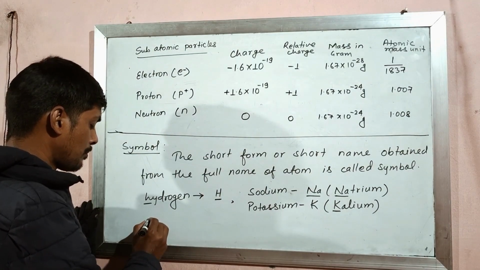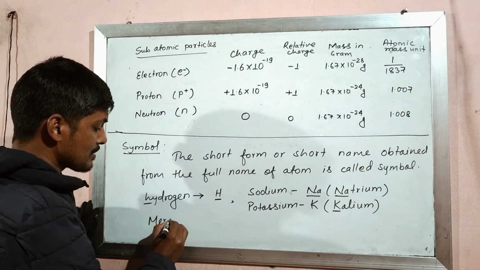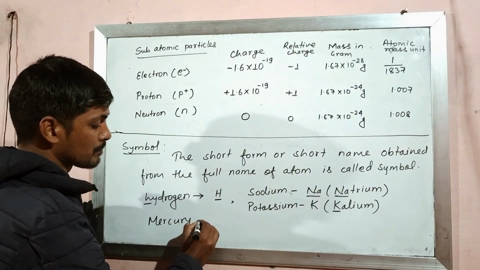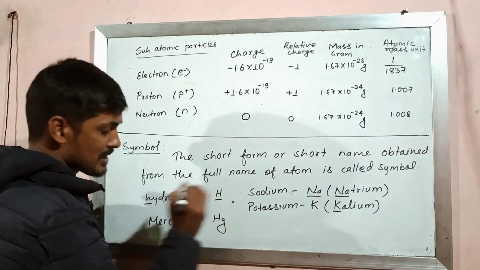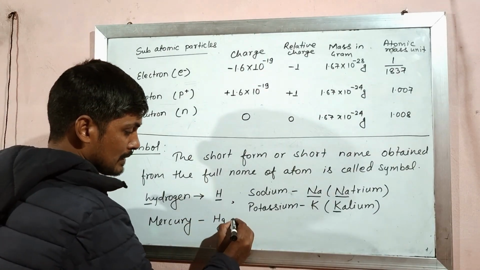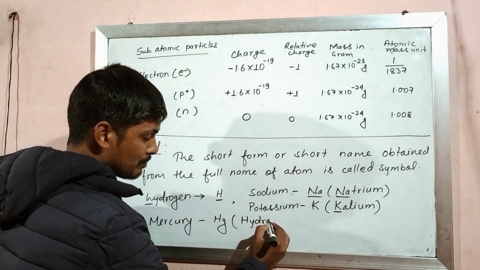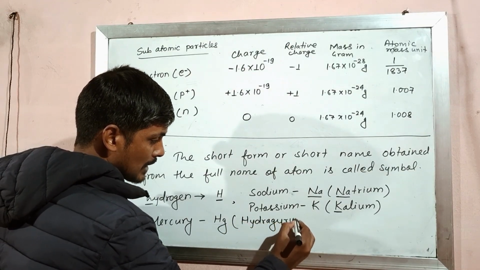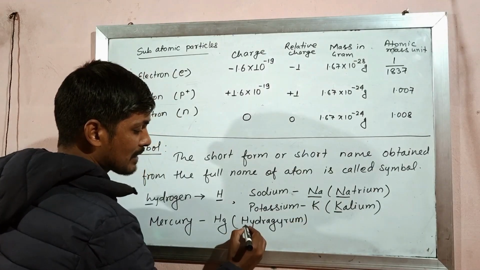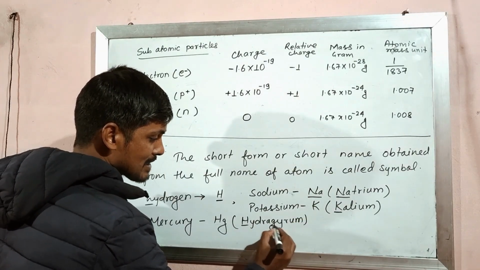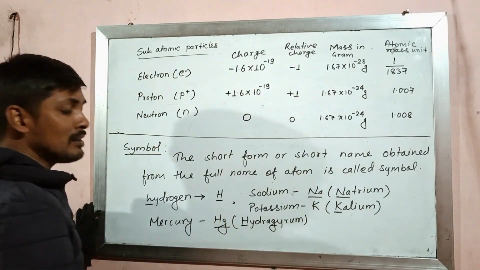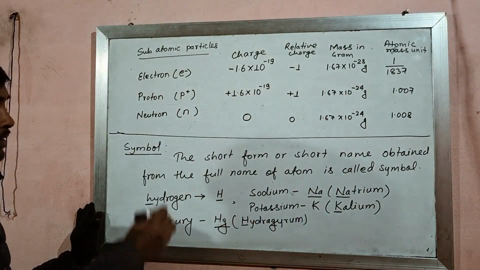Now, mercury. What is the symbol of mercury? It is Hg, and its Latin name is hydragyrum. From that hydragyrum, H and G are taken as the symbol of mercury.